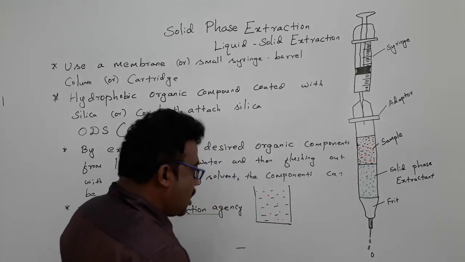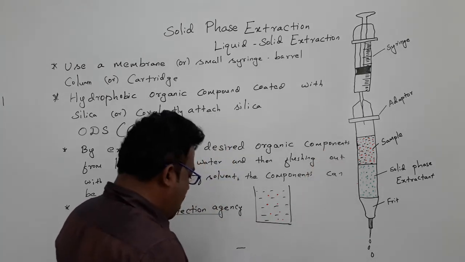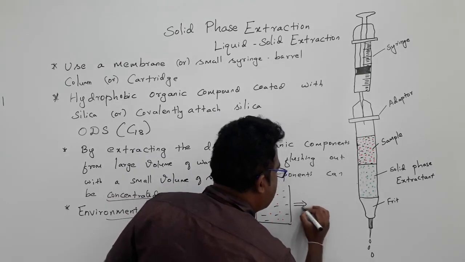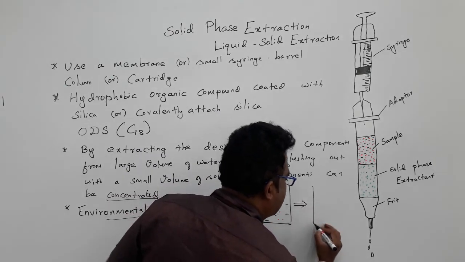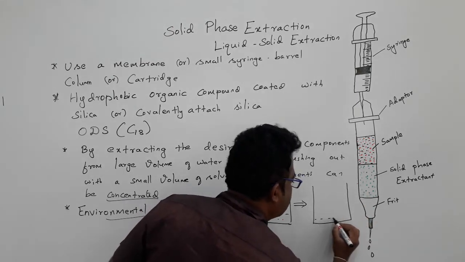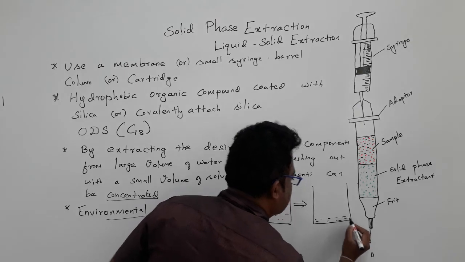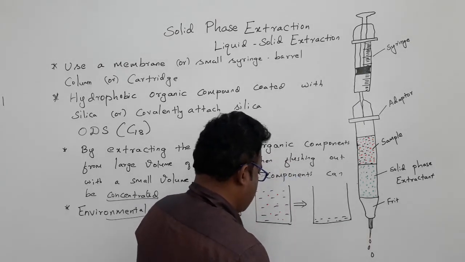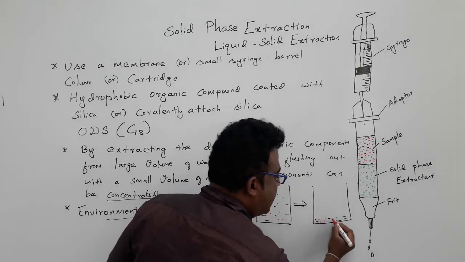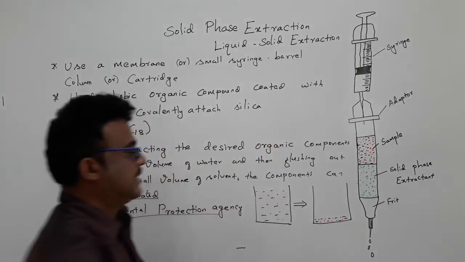But when you pass it through this system, you will get concentrated components. You will get the same amount of organic compounds but in a smaller volume of solvent.